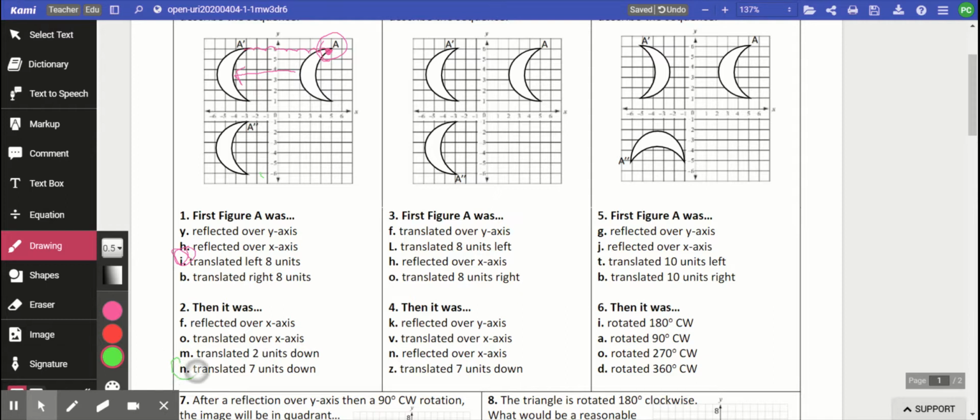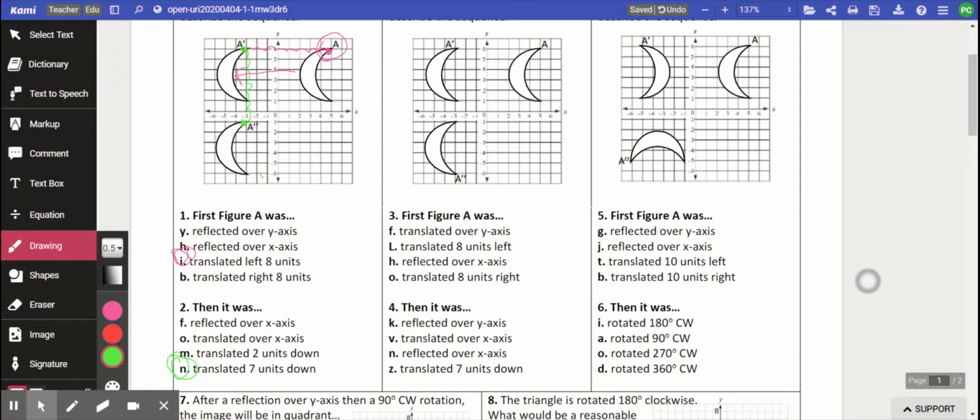So N is actually the correct answer because anytime we translate 7 units down, let's say from A prime here, it should match A double prime there. 7 units, 1, 2, 3, 4, 5, 6, 7. Bam, perfect. N is the best answer, because that gave us the most specific directions that linked A prime to A double prime.